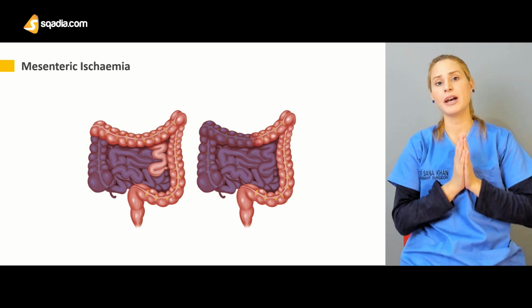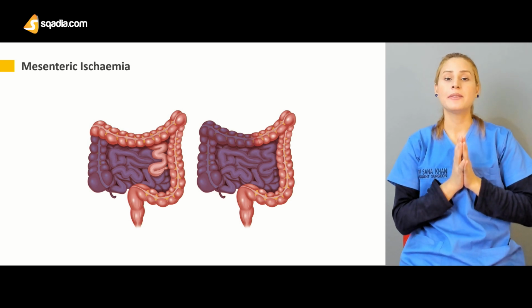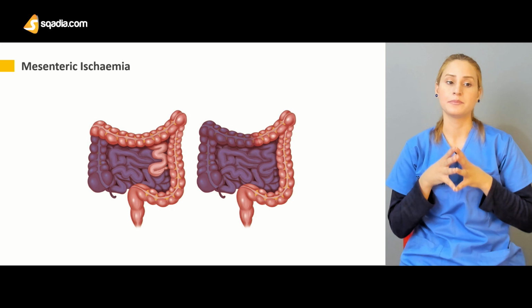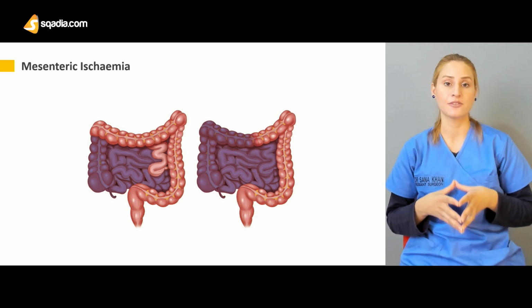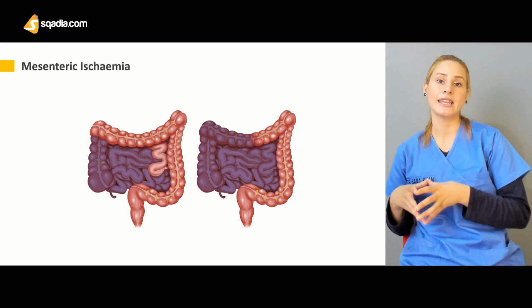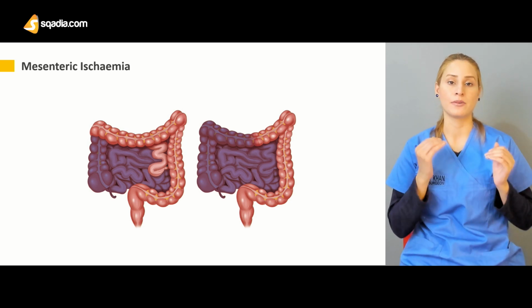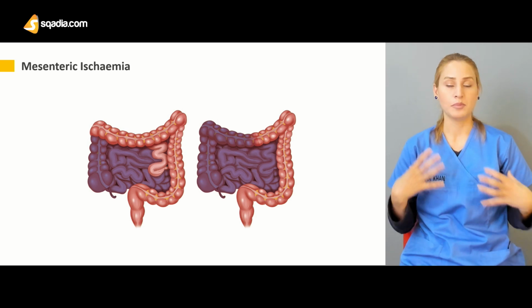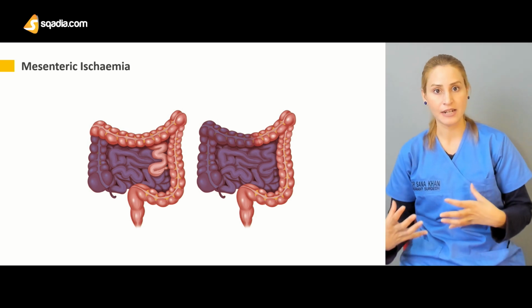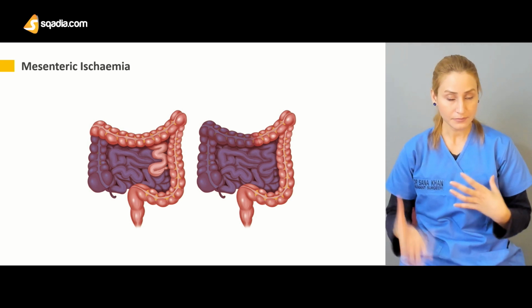Now, when we talk about mesenteric ischemia, the artery most vulnerable to ischemia is the superior mesenteric artery, which originates directly from the abdominal aorta at the level of L1, and most of its blood supply goes to the midgut.